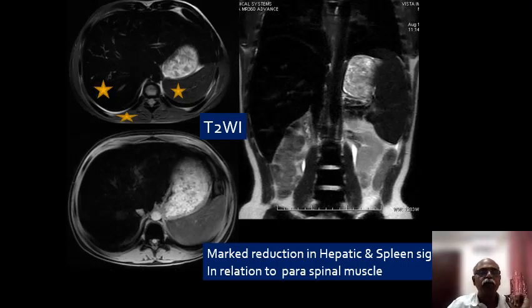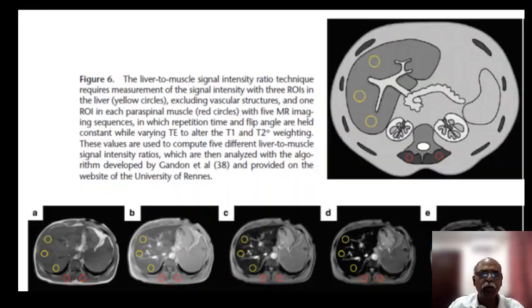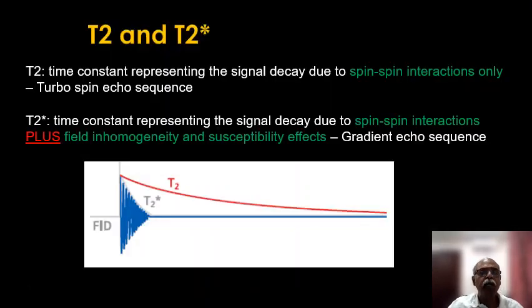Depending upon the signal, you calculate the signal intensity of liver and paraspinal muscle. Based upon that, there is what is known as the Gandon method. Gandon et al. developed a method where you quantify the liver iron by measuring the liver signal on T2 weighted images at three levels, with 3 ROIs, and then ROIs at the bilateral paraspinal muscles, and then put them into an equation.